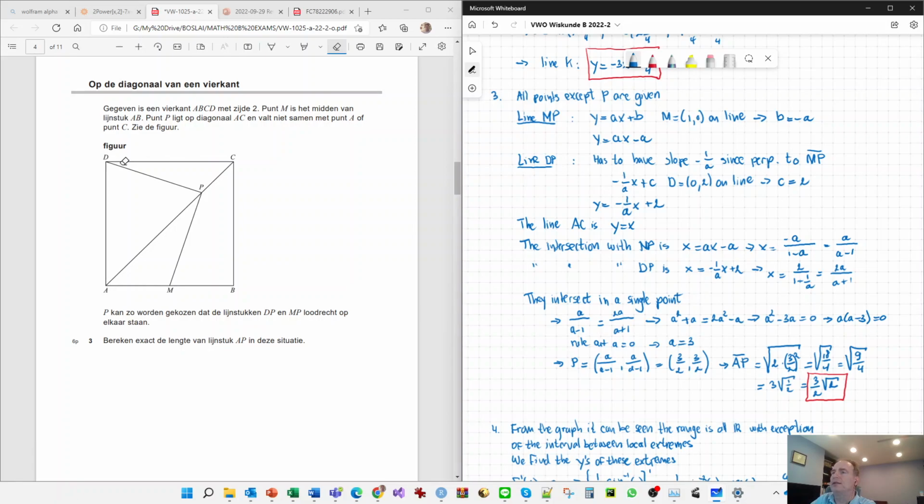Actually the same for line DP: you have 1 over 0, which would mean a vertical line, and the same, it wouldn't cross inside the diagonal. So we just work with the solution a equals 3.